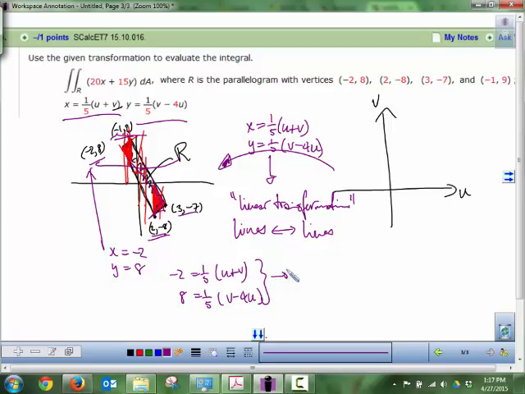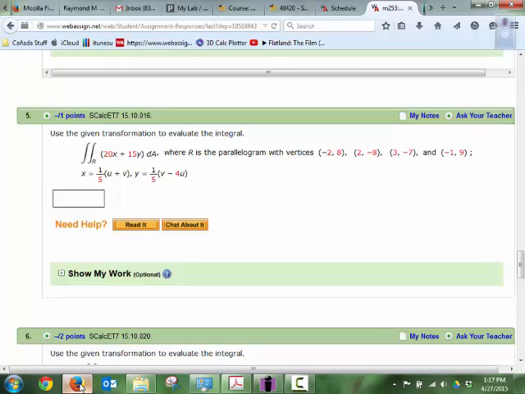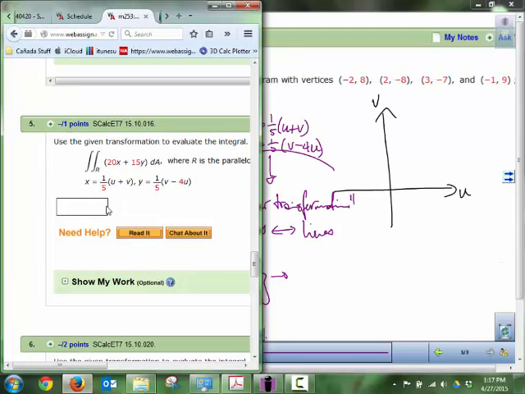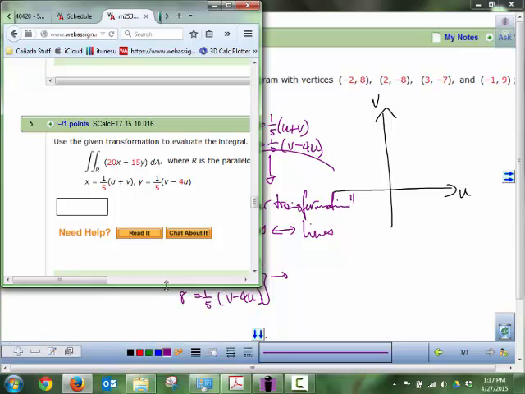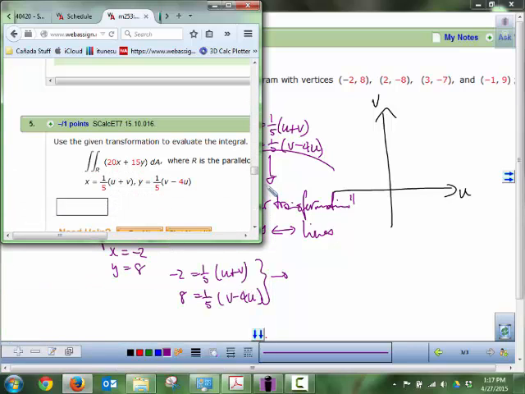So now you have 2 equations and 2 unknowns. Solve for the unknowns and then get your u and the v. And we all know how to do that, so I'm not going to do that, at least not by hand. I'm going to just punch it into Wolfram Alpha.